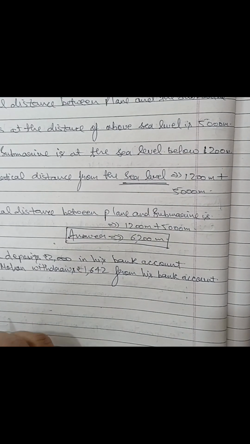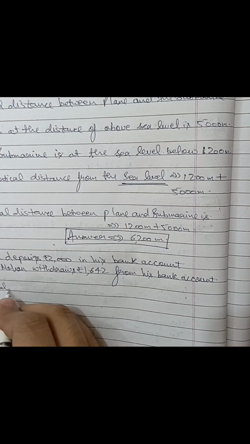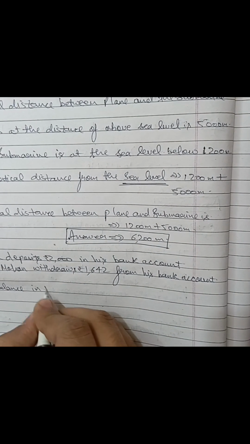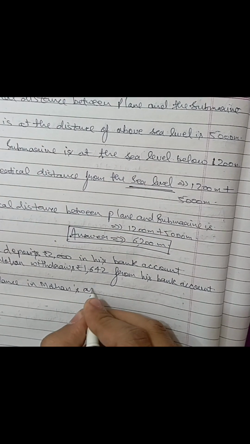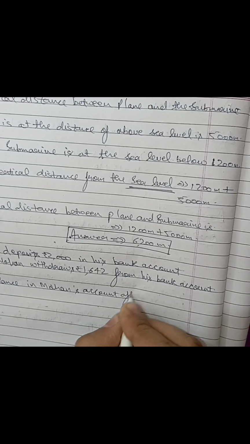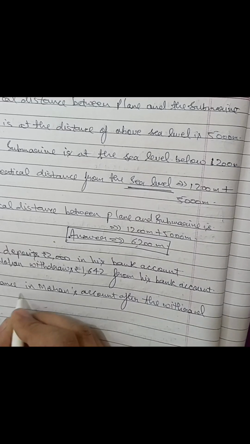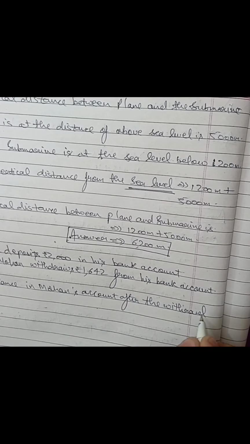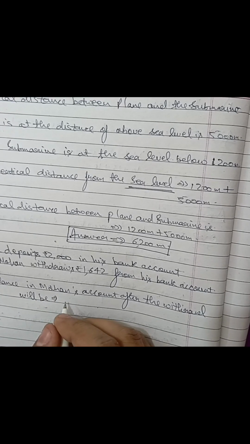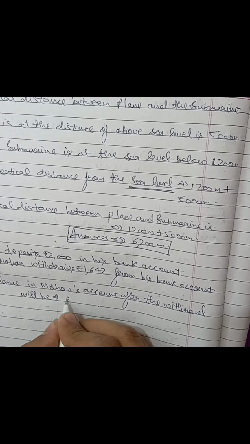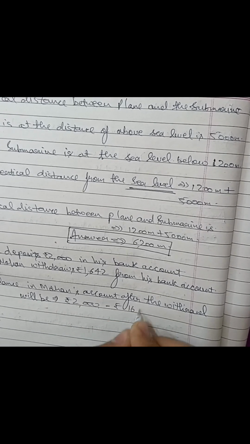Now the question is asking us to find the balance in Mohan's account after the withdrawal. So the balance in Mohan's account after the withdrawal will be rupees 2000 minus rupees 1642.